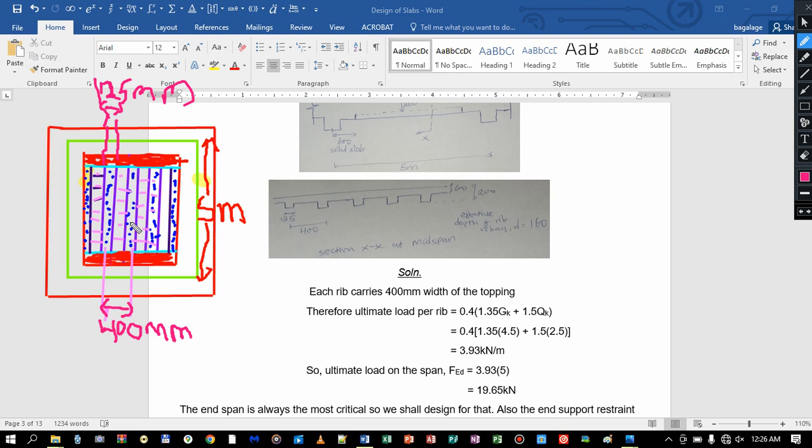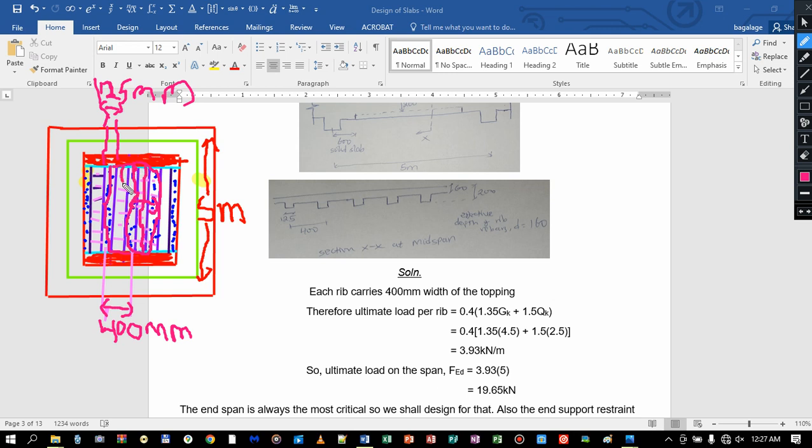if we single out this portion, the load at this portion here is distributed in a manner that half the load goes to this rib and half the load goes to the other rib, and same applies to the adjacent portion like this.